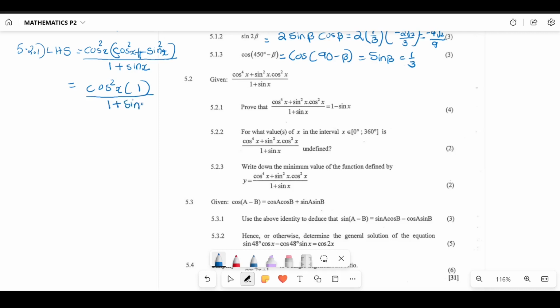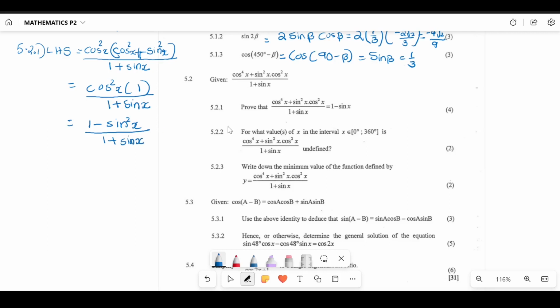But looking at the right hand side, we don't want cos square x in the left hand side. Let us change the cos square x to 1 minus sin square x, divided by 1 plus sin x.